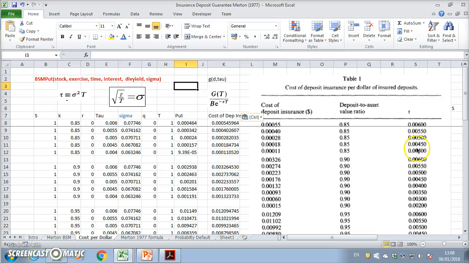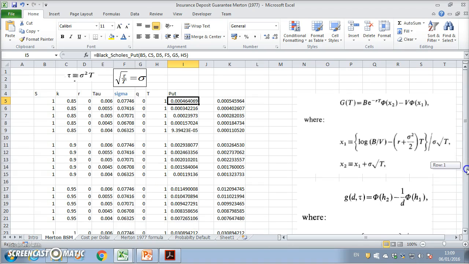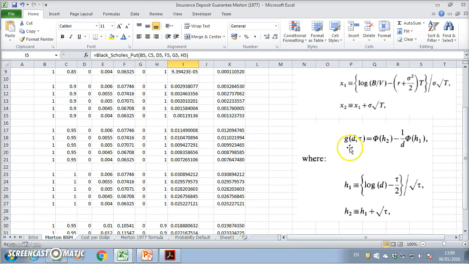So the table that was set out by Merton 1977 provided a framework or reported results of his formulation for estimating the guarantees associated with when loans are made and deposit insurance.